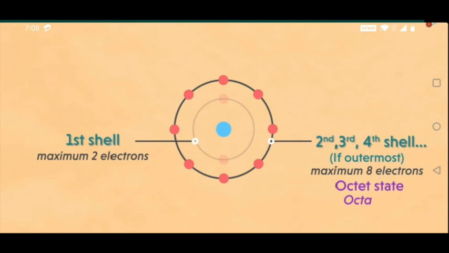This number of 8 electrons in the outermost shell is said to be a very stable configuration, and the elements having it have no activity, that is, they have 0 valency.